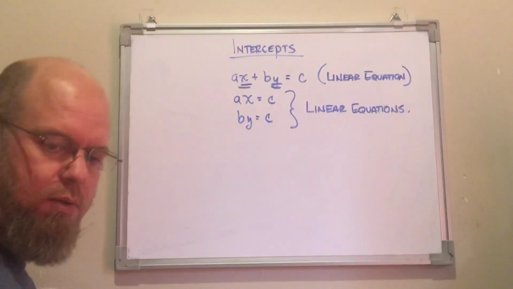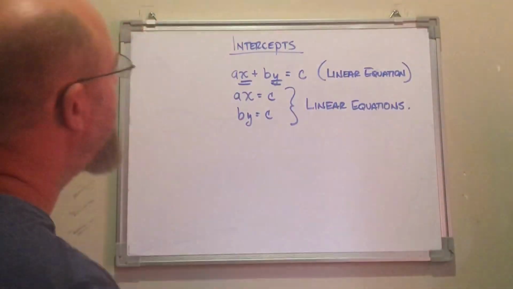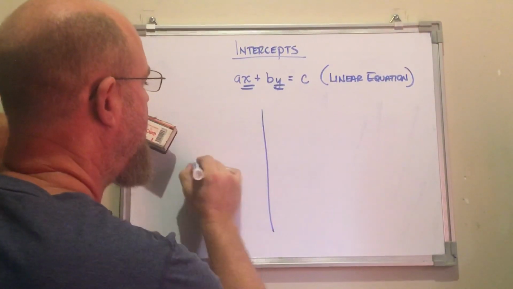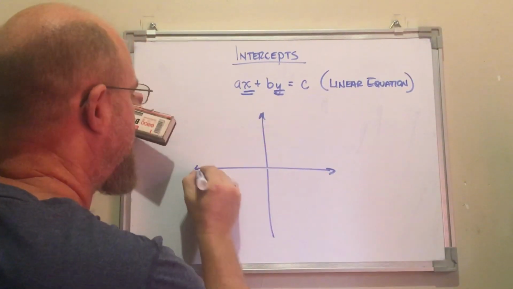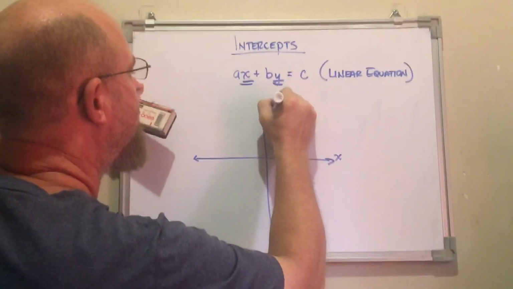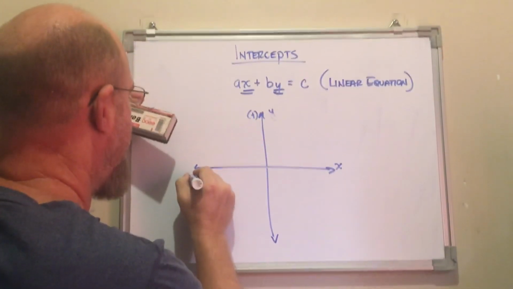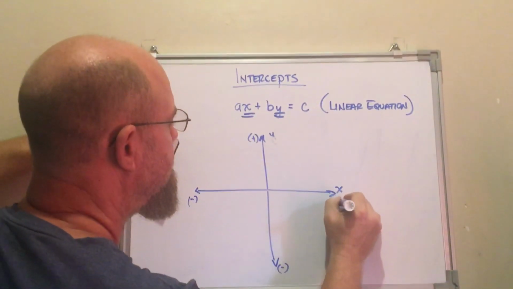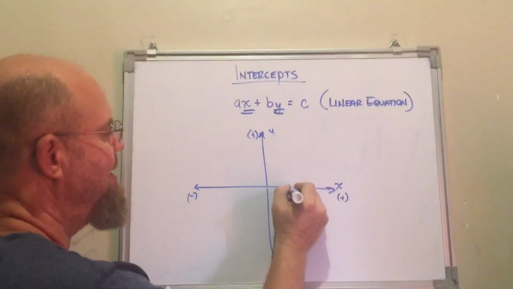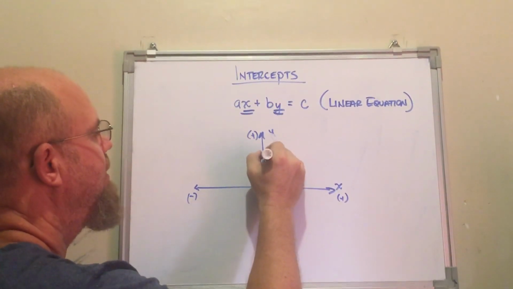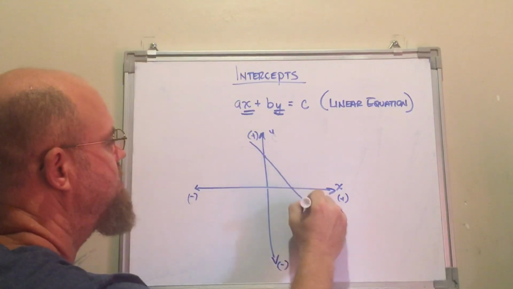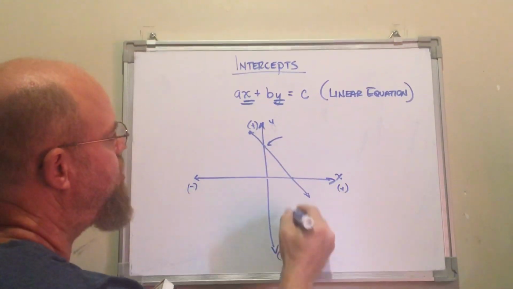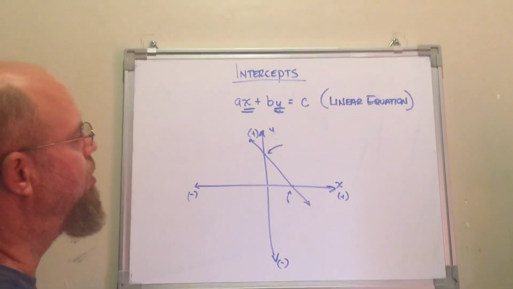As far as intercepts go, intercepts are the points on the Cartesian plane where the line crosses the x-axis and the y-axis. So that line has two intercept points. This is an intercept point, and that is an intercept point.